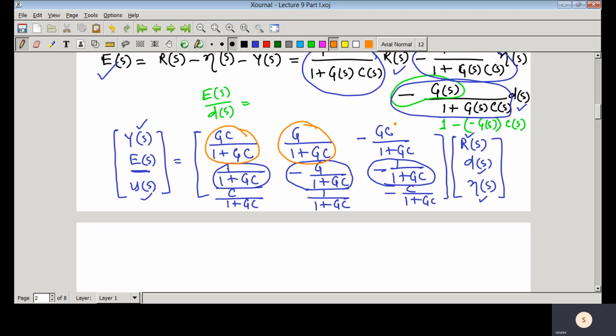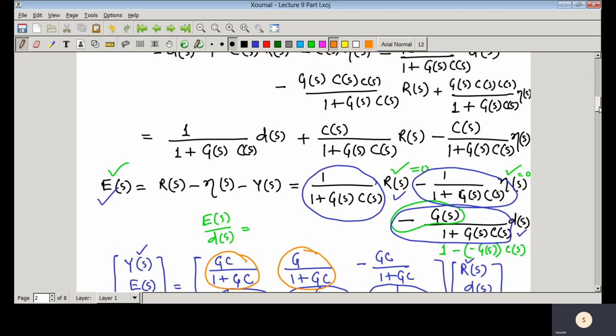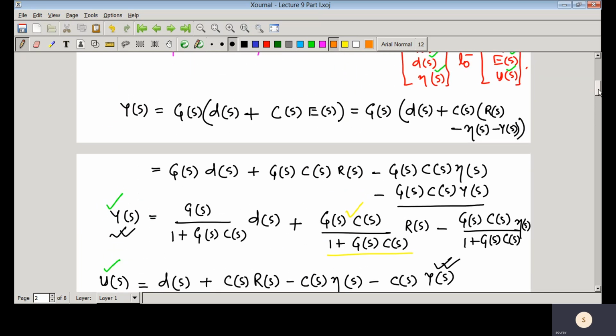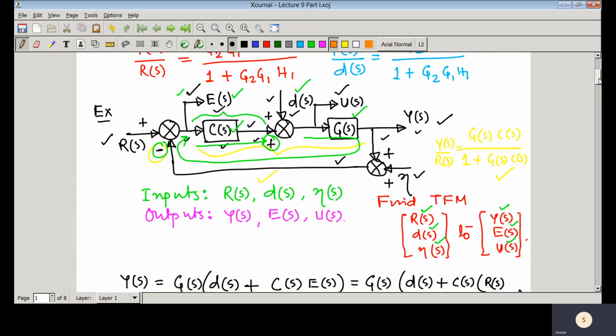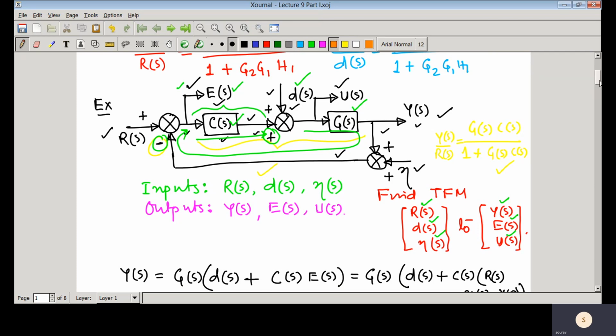So this is that example. You need to solve more problems, and my suggestion is, instead of writing all of those algebraic equations, it would be easy to write the transfer function or transfer function matrix just by looking at the block diagram.